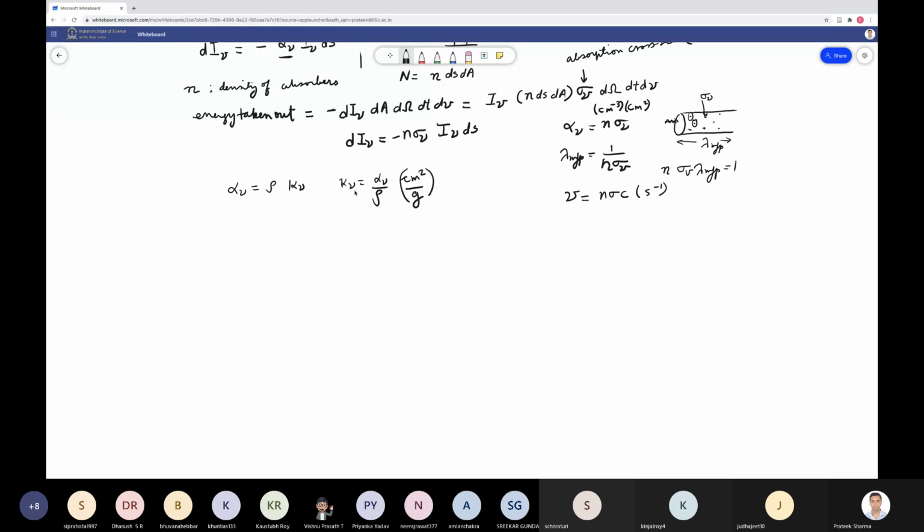So basically this quantifies the absorbing power per unit mass for the medium. This kappa is called the mass absorption coefficient, or opacity coefficient.